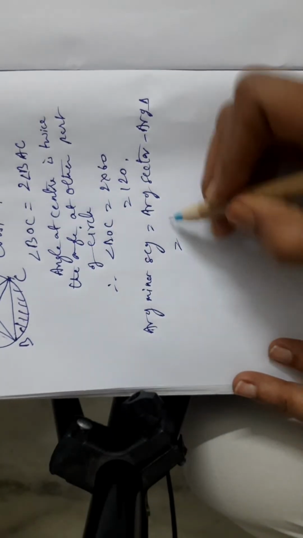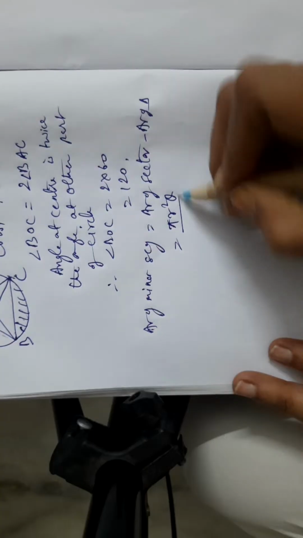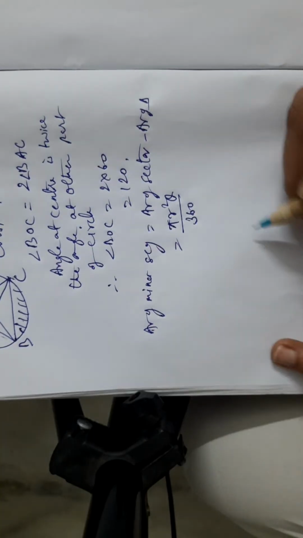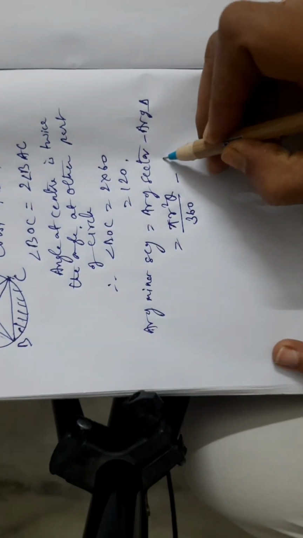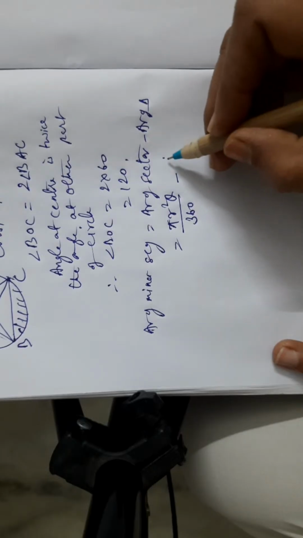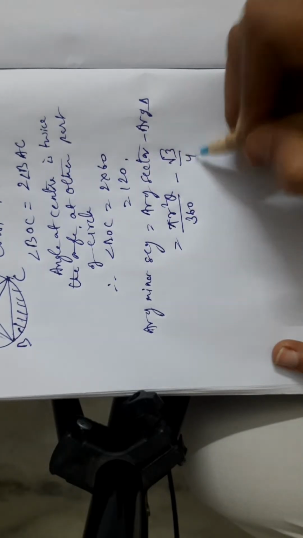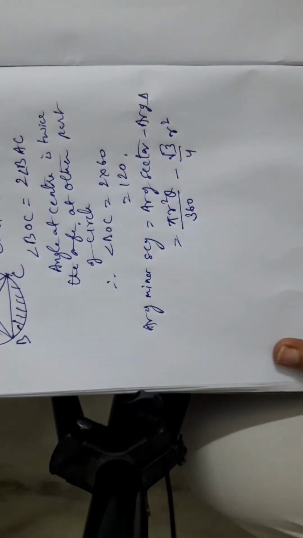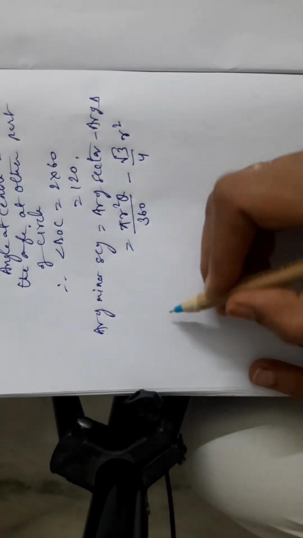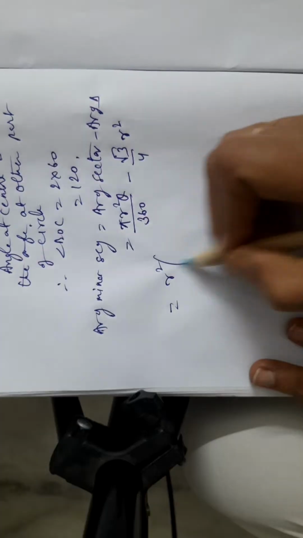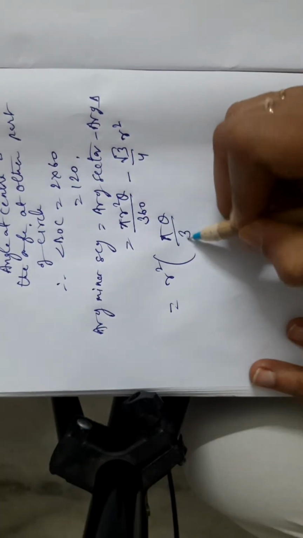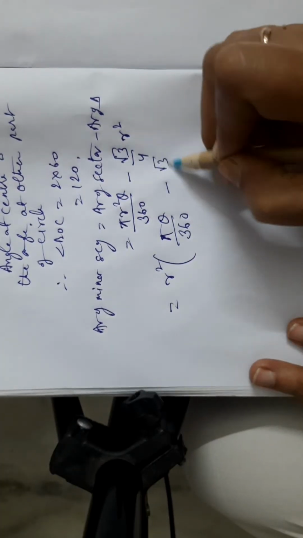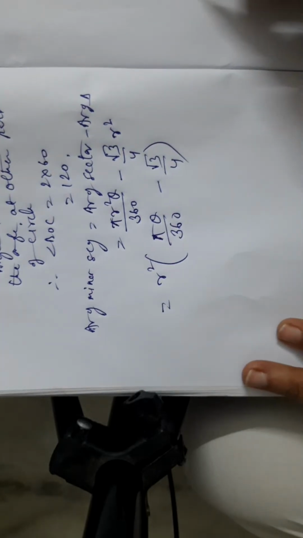Here the area of sector is pi r square theta by 360. For the area of triangle, as it is equilateral, it is root 3 by 4 r square. Now r square can be taken common: pi theta by 360 minus root 3 by 4. So we did many questions of this kind.